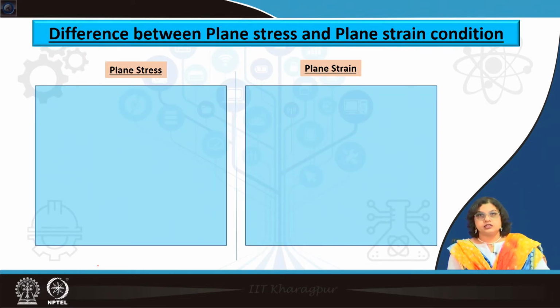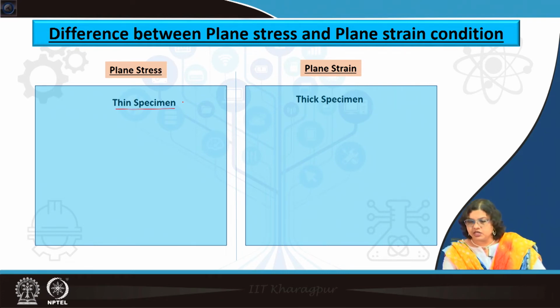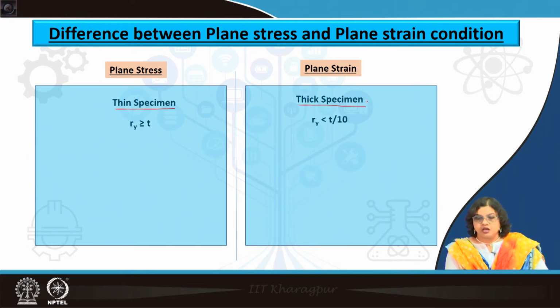Okay. So, let us look into the differences between plane stress and the plane strain condition one more time, and what it says is, plane stress can be achieved in case of thin specimen, whereas we need a thicker specimen if we want to look for the plane strain fracture toughness. Typically, this thickness has something in relation with the plastic zone size, and the plastic zone size should be greater than or at least equal to the thickness for the case of plane stress to be valid, and for plane strain the thickness should be 10 times the plastic zone size.